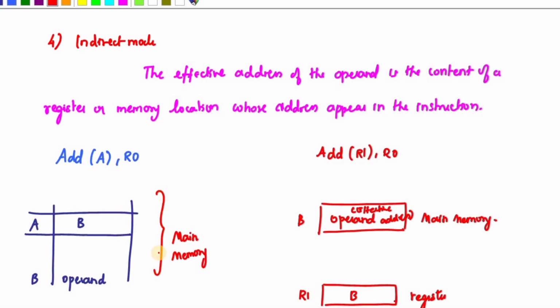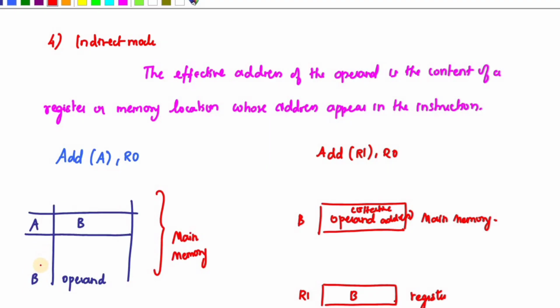Here the processor will read the content of the memory location A. This is my memory location A, and the content is B. First it reads the content of memory location A. Then it reads the operand using the value B as the address.